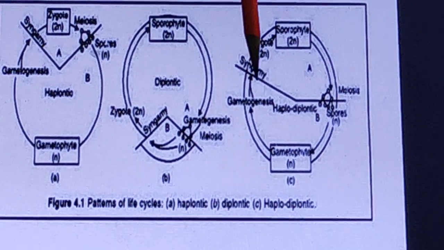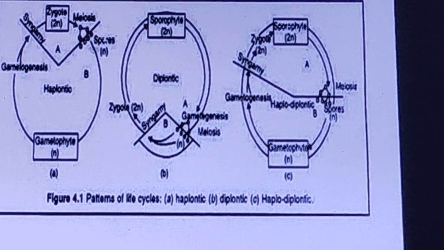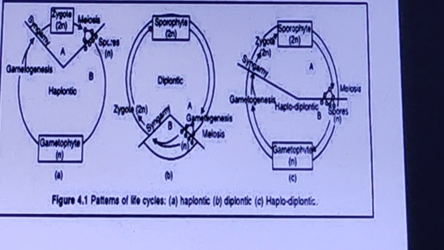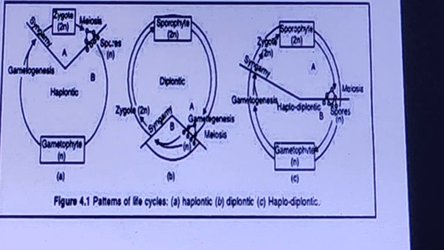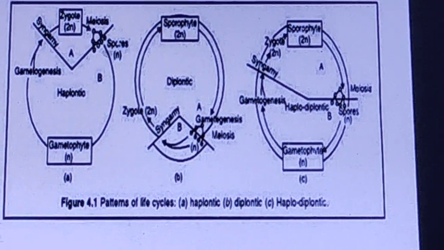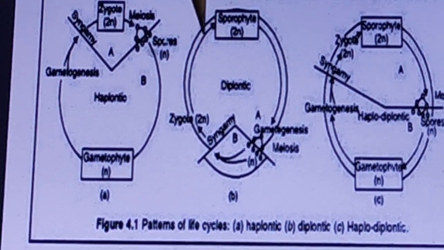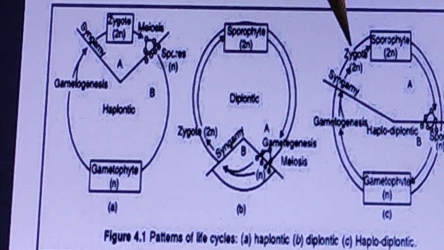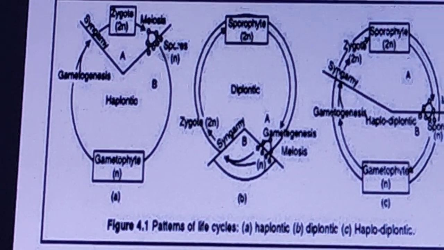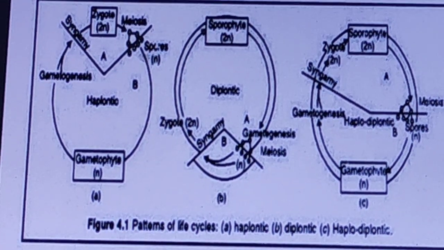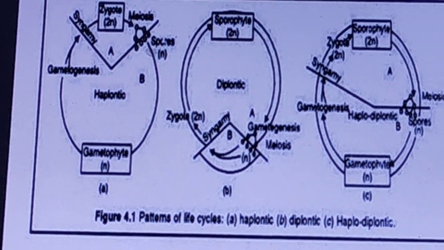Right? Whereas, in case of pteridophyte, after fertilization the zygote undergoes repeated mitotic division to produce the sporophyte, which is the main plant body, which is the offspring.